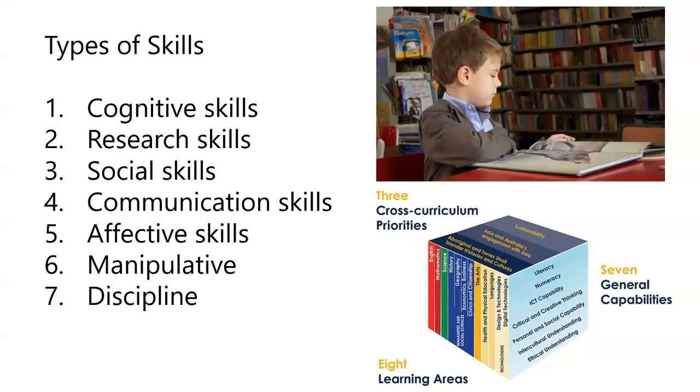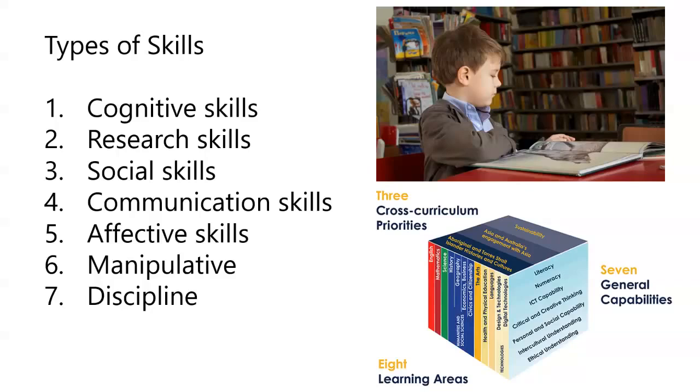Some students struggle with that in the early years and can't get their hands around actually using scissors, so that's a skill as well. Discipline skills specific to history and geography. When you go to geography, you'll be looking at mapping skills. There will be different skills that you need to know there. And right now we're talking about historical skills in this lecture.